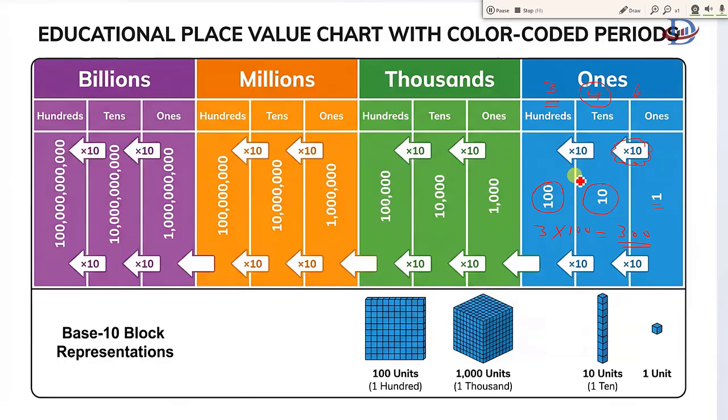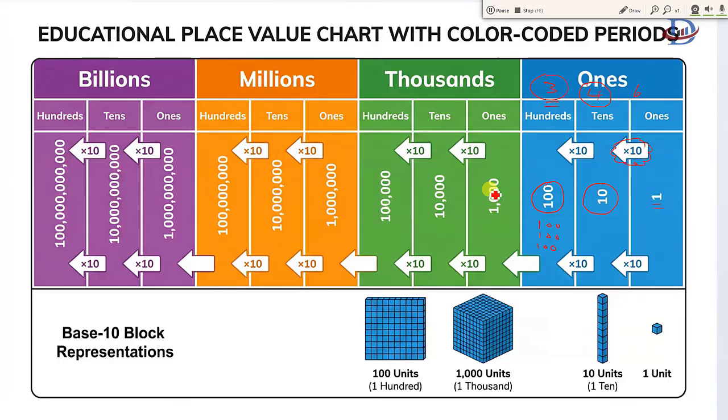This position is a position of 100 units for each digit within it. So if we have 3, it means we have 300.